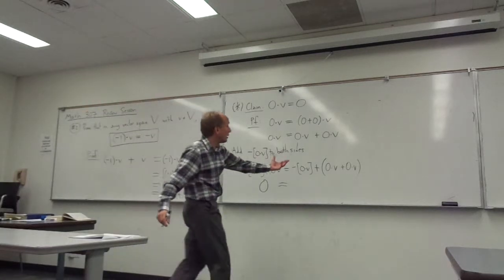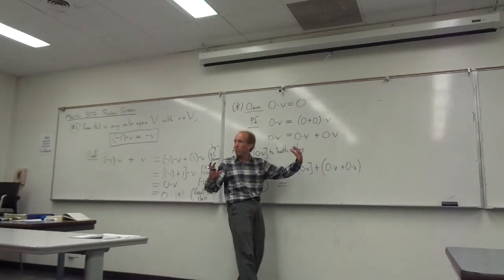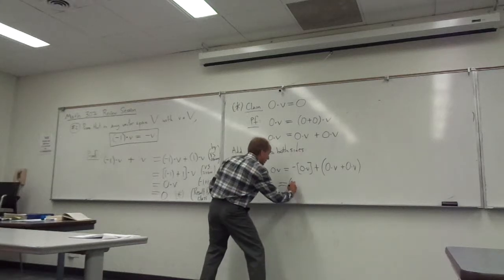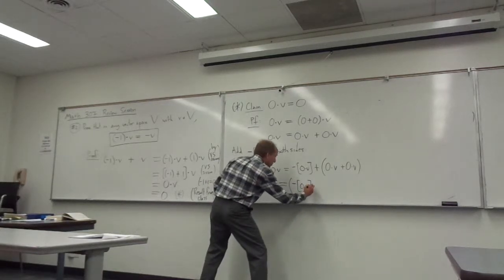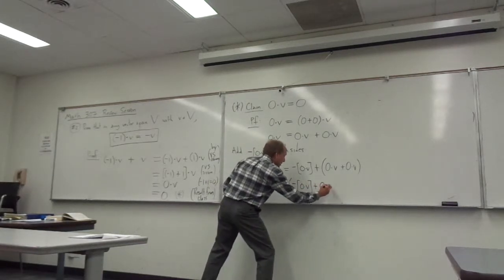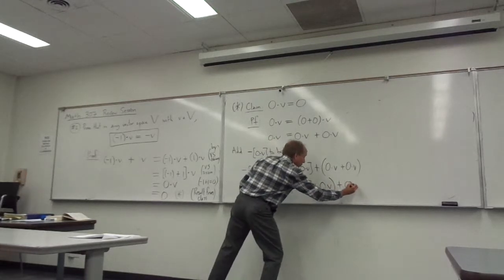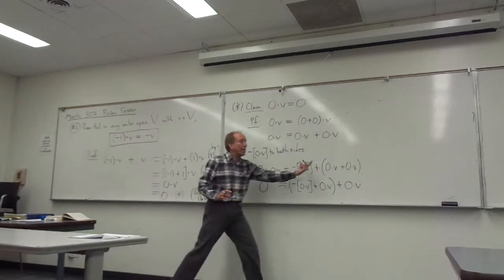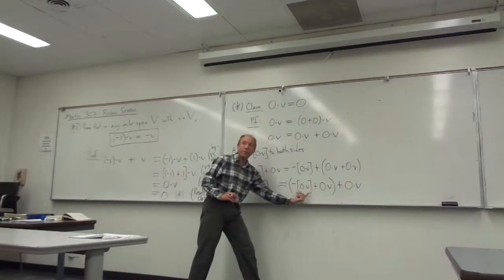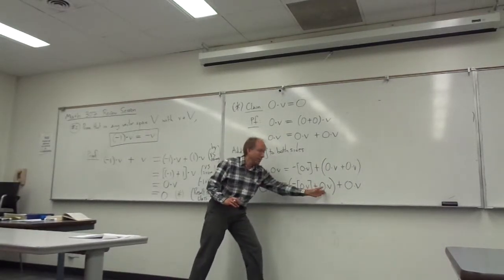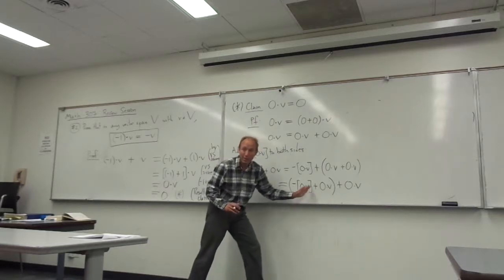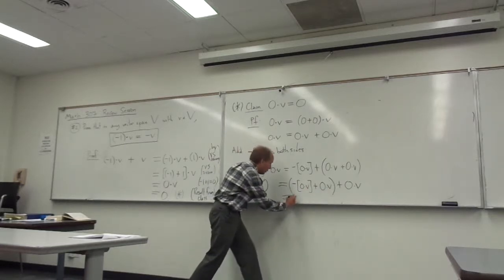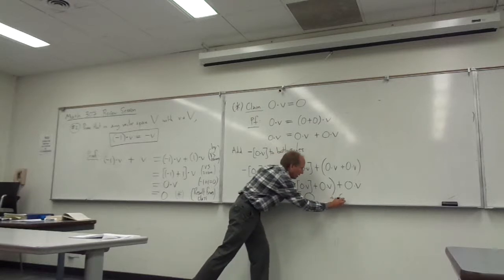Right, I got to regroup the parentheses. That's right. I got to move the parentheses around, so I'm going to put the negative 0 times v plus 0 times v here, and then plus another 0 times v. So you're moving the parentheses from the second and third terms back to the first and second terms. And now this is just the additive inverse of a vector added to itself. That's just going to give you 0 again, right?